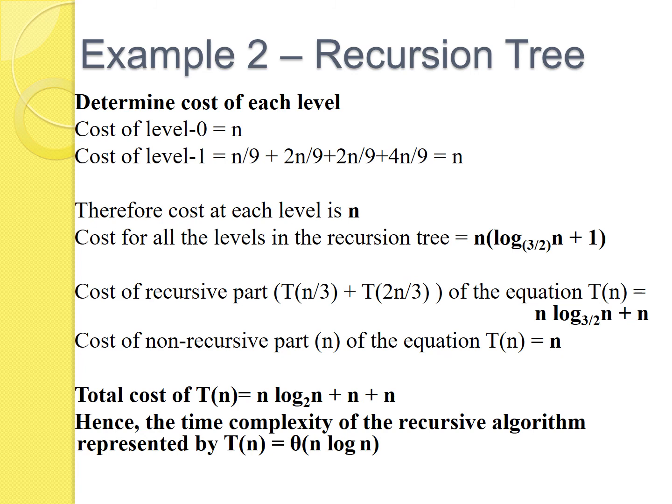Hence, the total cost of the recurrence relation T(n) equals n log n plus 2n. By applying the sum rule, the time complexity of the recursive algorithm represented by T(n) equals theta of n log n.